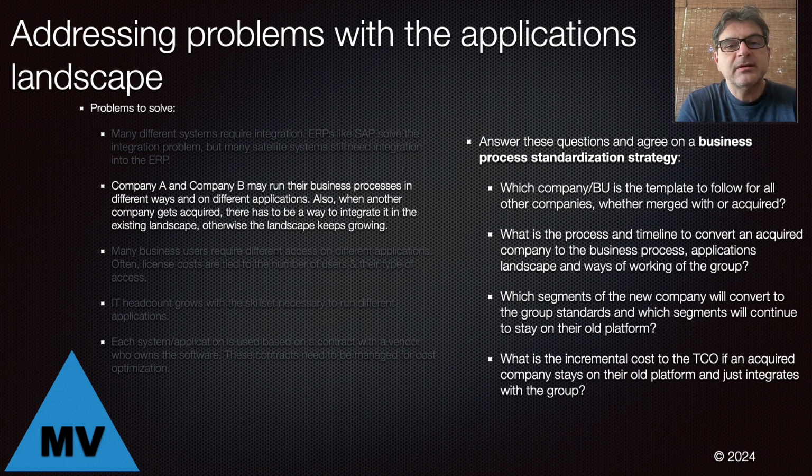Which segments of the new company will convert to the group standards, and which segments will continue to stay on their old platform? What is the incremental cost to the TCO, total cost of ownership, if an acquired company stays on their old platform and just integrates with the group?